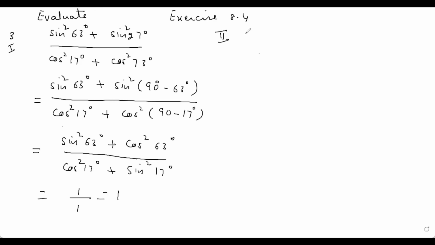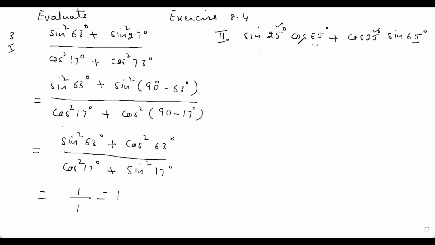Its second part: sin 25° cos 65° plus cos 25° sin 65°. Either change 65 degree here and 65 degree here, or 25 degree here and 25 degree here.